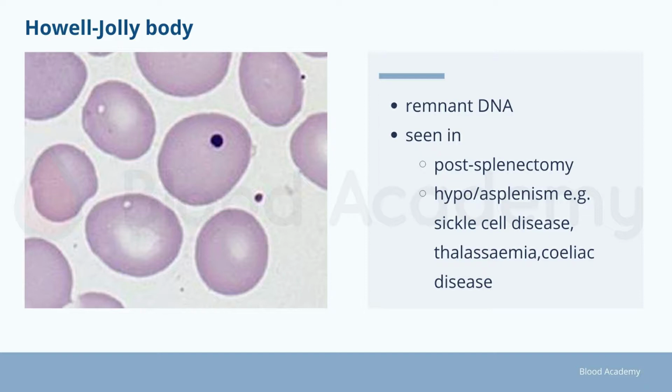Hence, it is associated after surgical splenectomy and in functional hypo or asplenic states associated with conditions such as sickle cell disease, thalassemia, and celiac disease. The associated morphological features that may also be seen include target cells, thrombocytosis, and possibly a panleukocytosis.